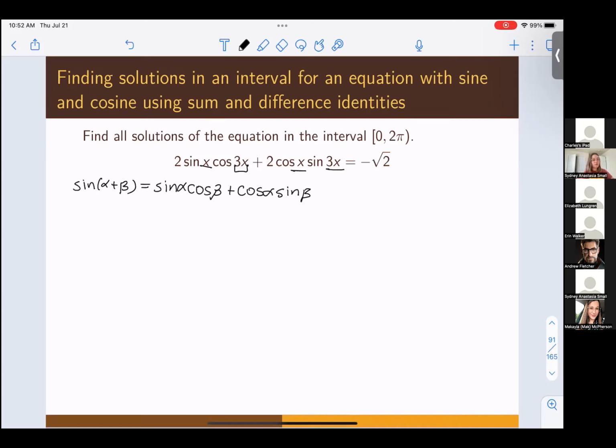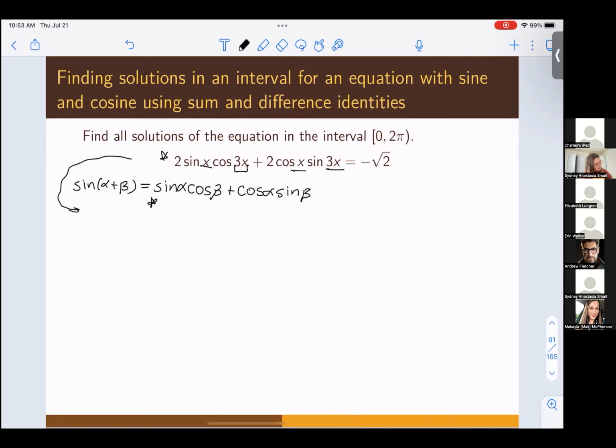There's just one thing we have to do beforehand that doesn't quite fit the form, and that's that we have to factor out a 2, because there's no multiples of anything in front of our sines and cosines, and there can't be. So before we do anything, we have to factor that 2 out.